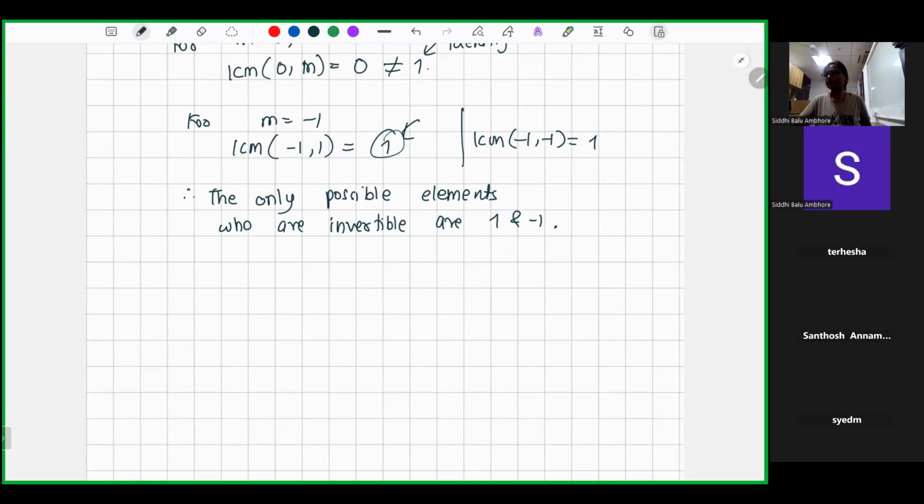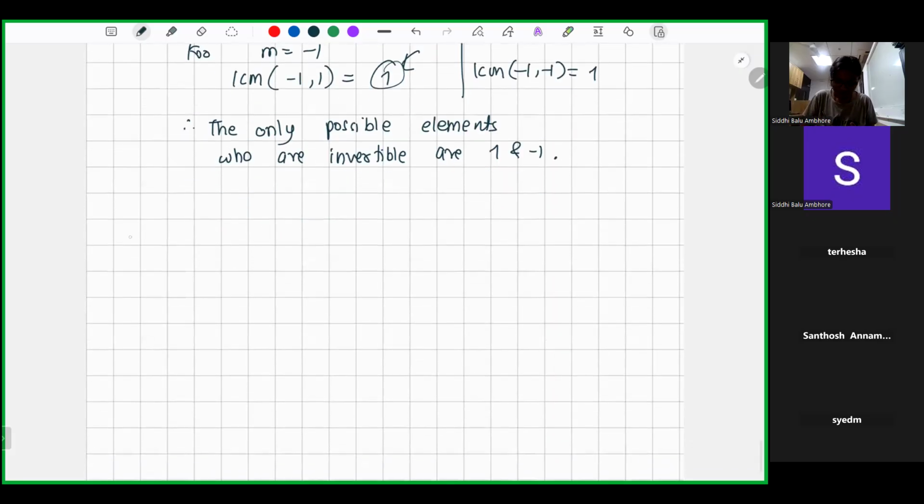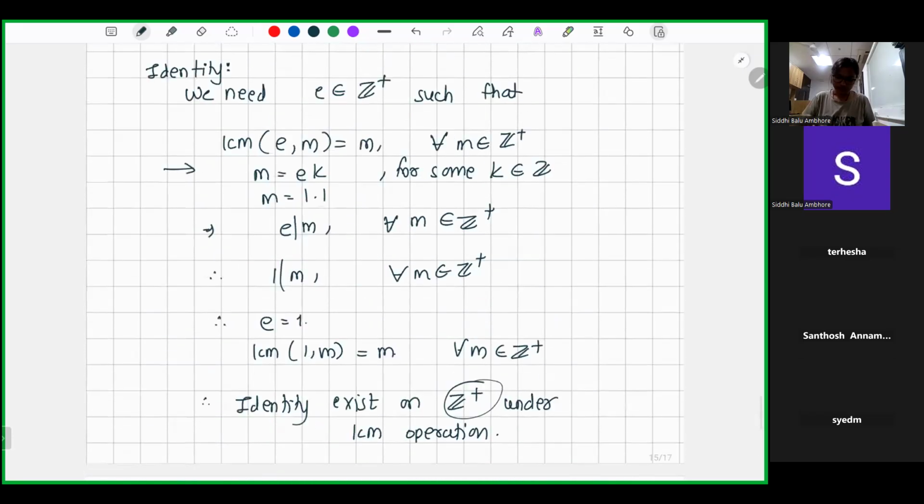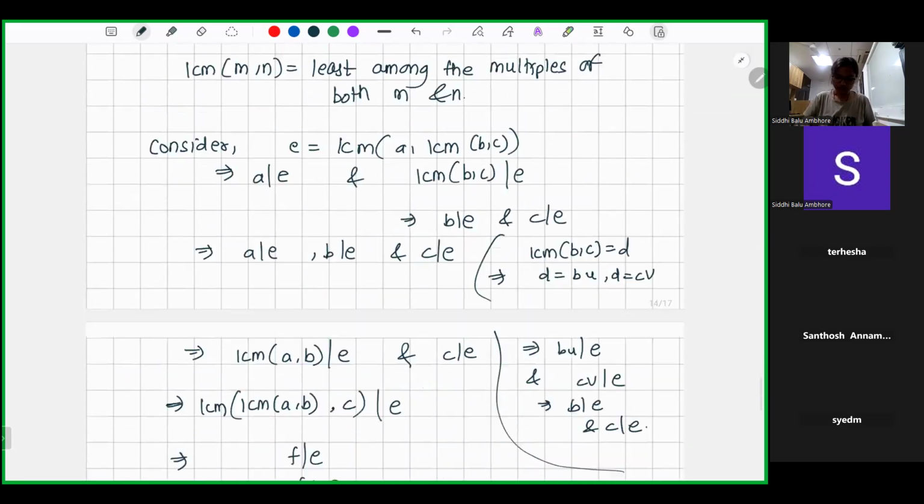And you can do this exercise for yourself. It's there in your assignment sheet as well. I think it was question 5.